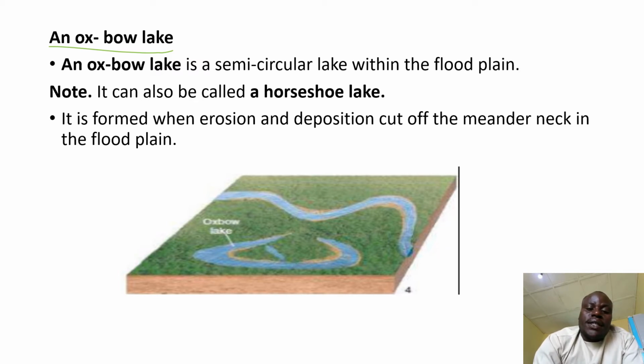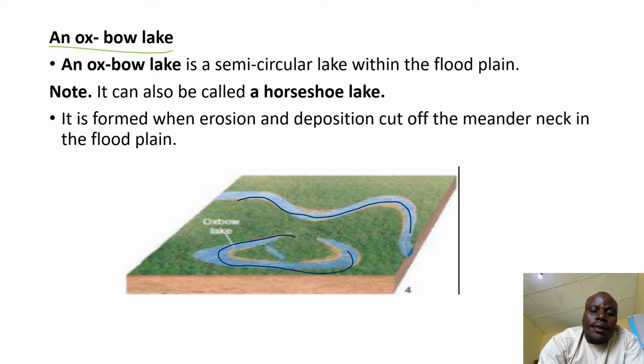If you check on this diagram, this is a river meandering, but it reaches where it meanders sharply and creates sharp curves, and this meander forms a meander neck. If you check here, this is a neck of the meander.